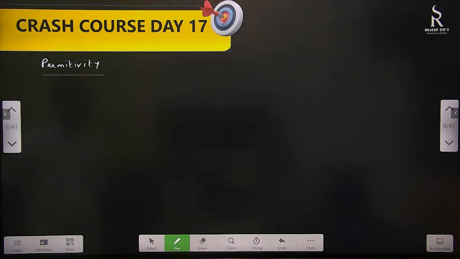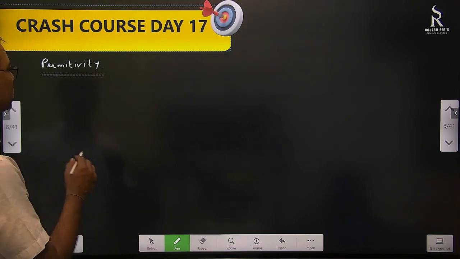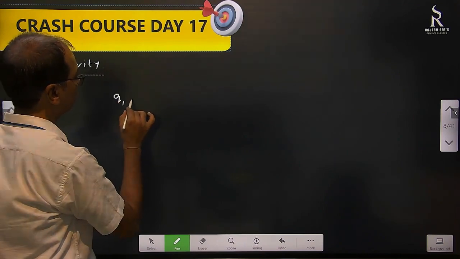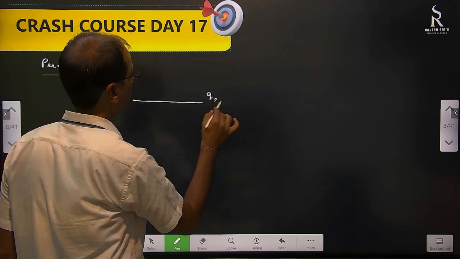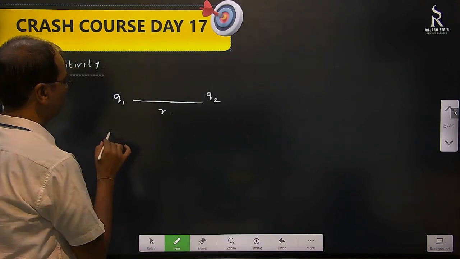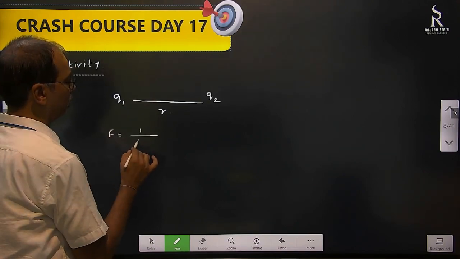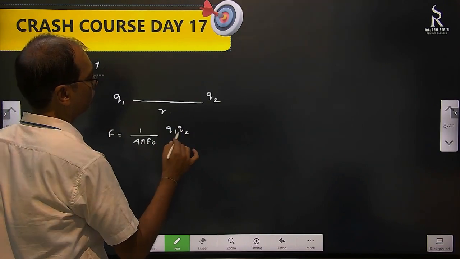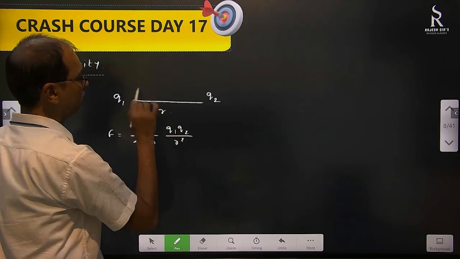Permittivity. Now what is permittivity? Let's try and understand. If there is a charge Q1 here and a charge Q2 here, separation is R, then we write the force as 1 by 4 pi epsilon naught Q1 Q2 by R square. Now this is free space.